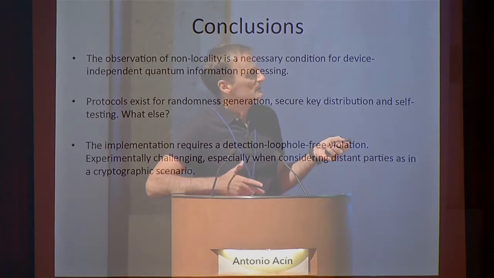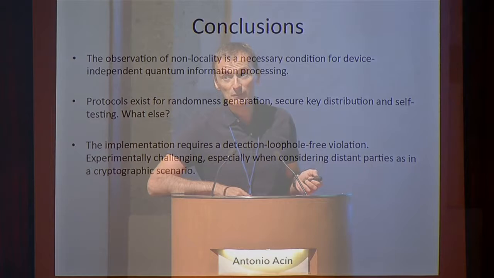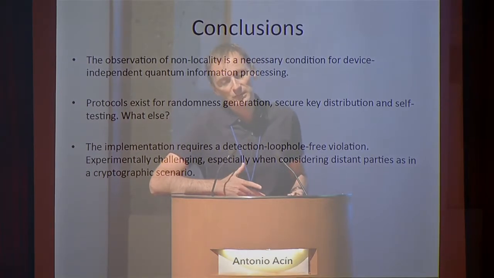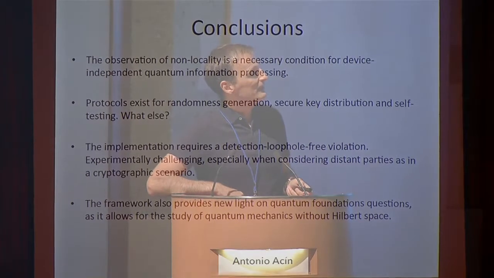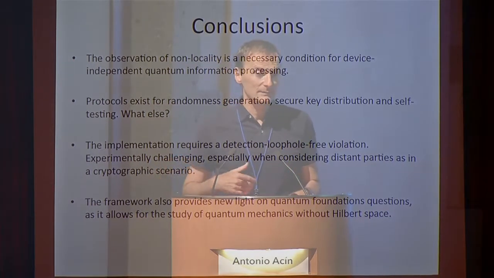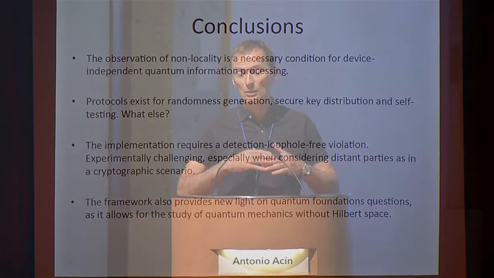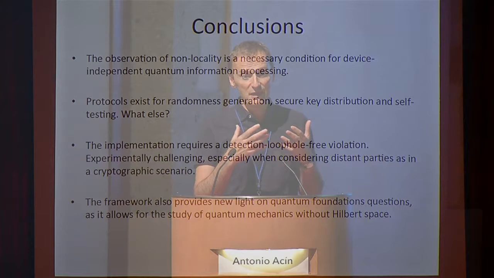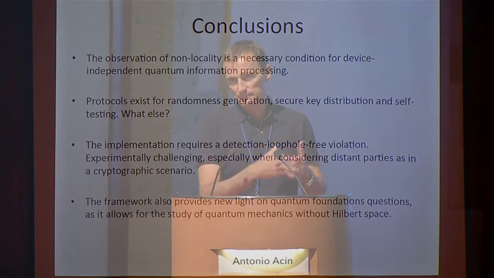I just briefly mentioned that from a technological point of view, things are challenging. Not impossible, but challenging. And also the nice thing is that it gives you new ways of tackling questions in foundations, like understanding how you can try to think of situations where you go beyond quantum physics.